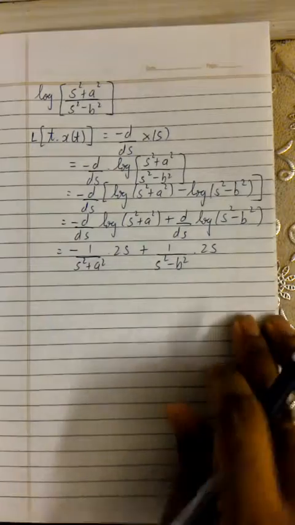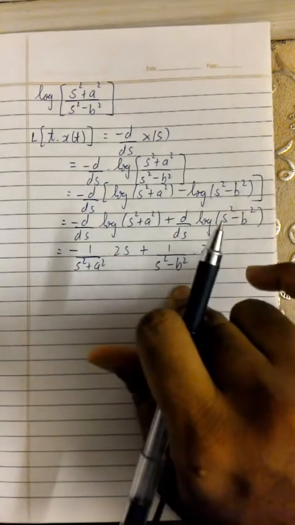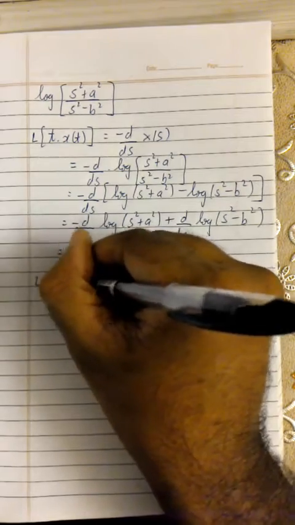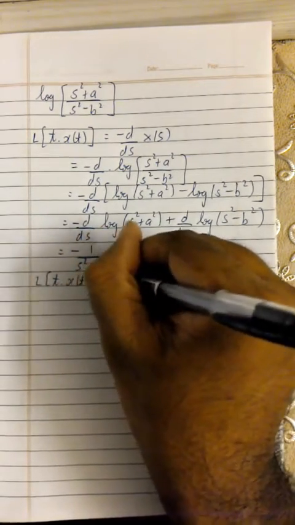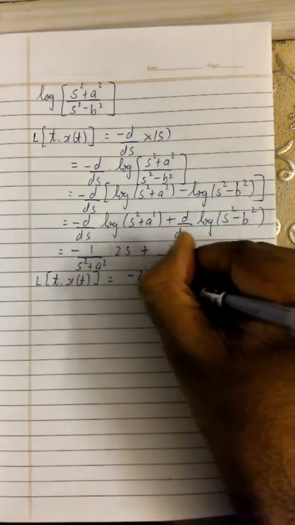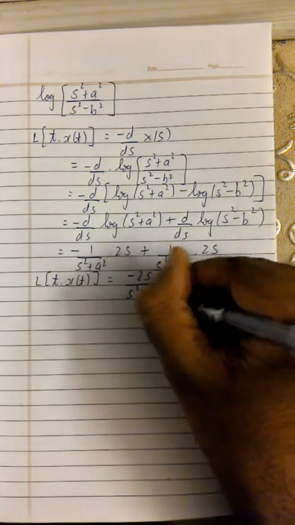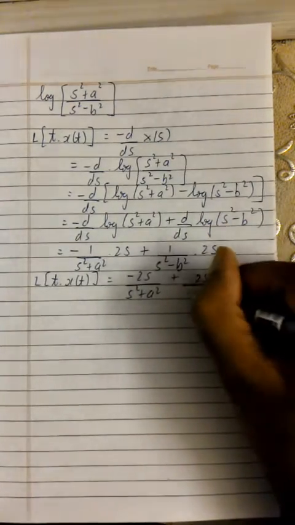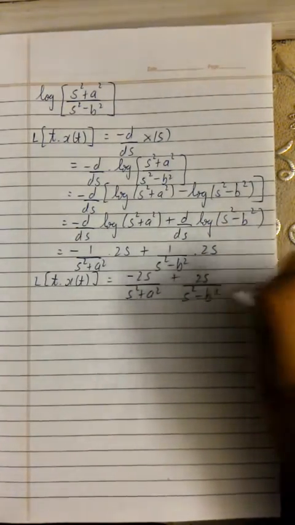Or in other words, the Laplace transform of t into x of t is nothing but minus 2s by s square plus a square plus 2s by s square minus b square.